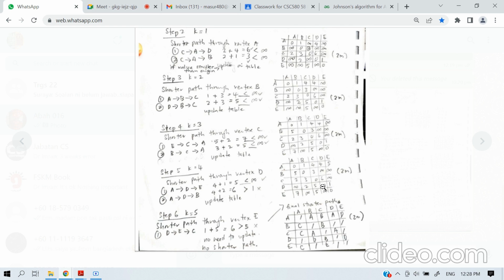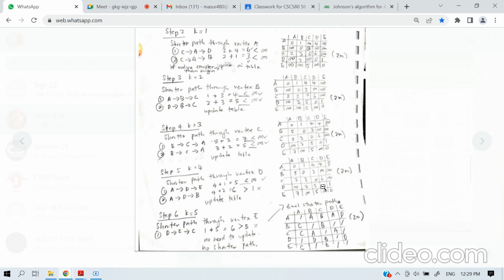So when you want to end your working, you need to draw the last one, the final shortest path, by inserting the node that you need to go through for each path.